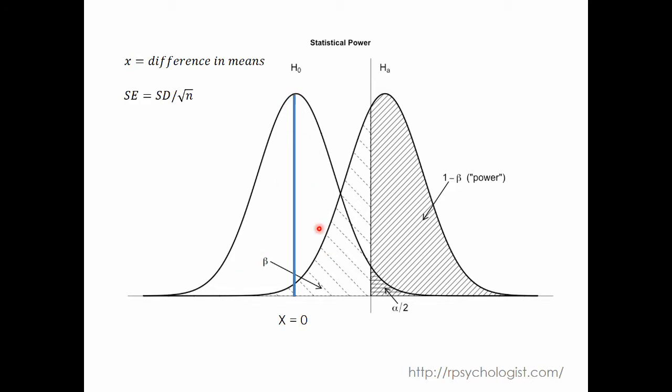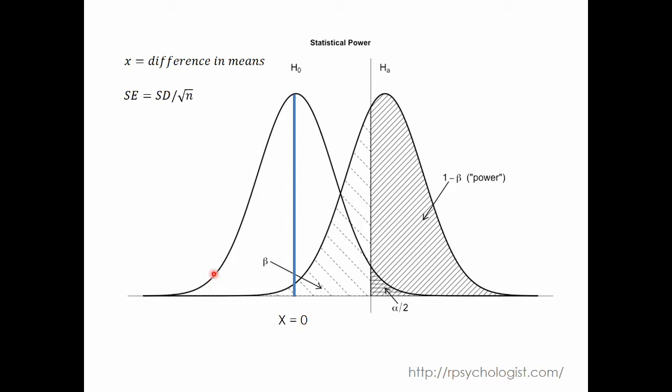So that's step one. And then we set some critical value, which is this line, where we have our type 1 error rate. If we're using a two-sided test, so let's say we have a type 1 error rate of 5%, we're going to use a two-sided test, which means we're going to split that 5% into the two tails, because we don't have necessarily a reason to think that the new treatment will be lower or higher than the existing treatment, and we're hoping it's better, whatever that is, but we don't know up front.